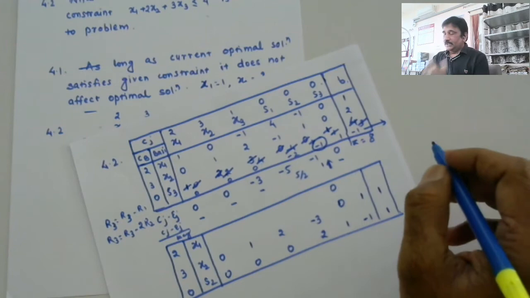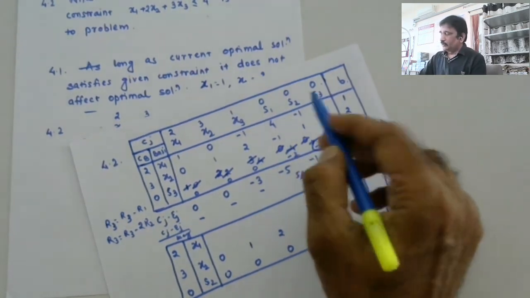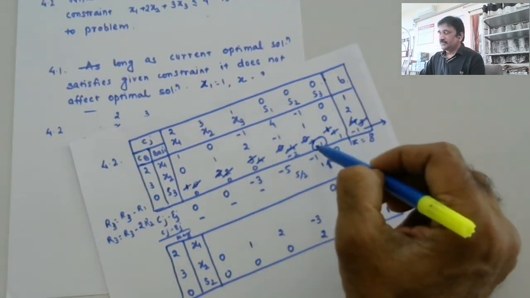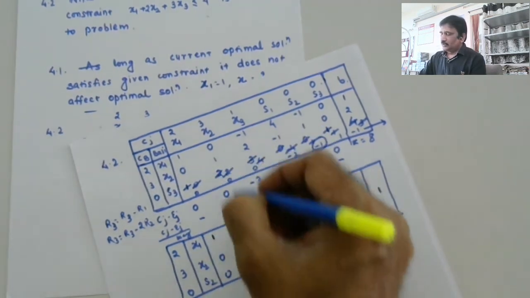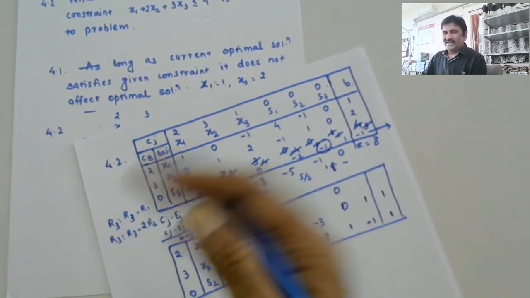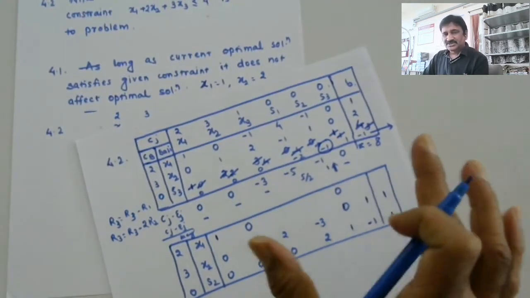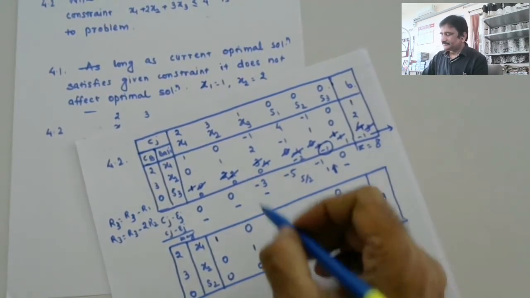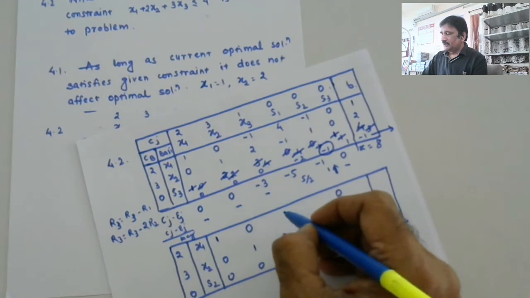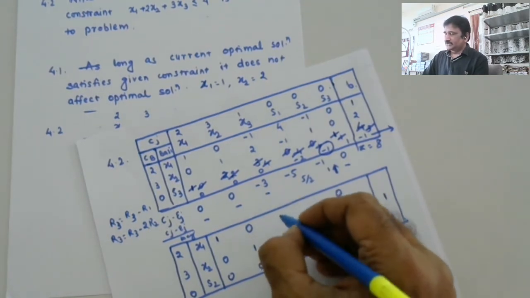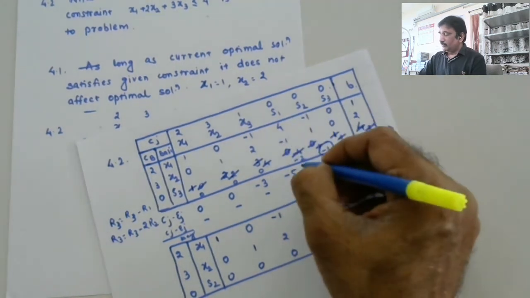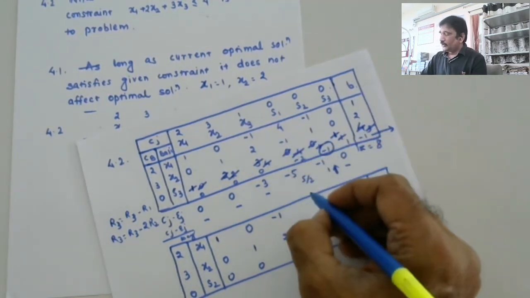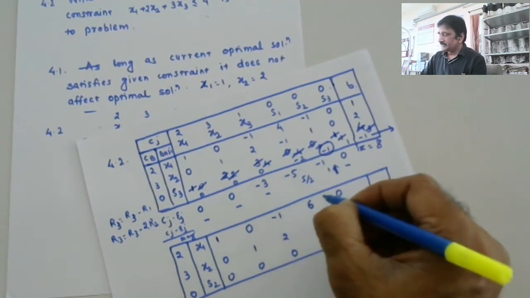And lastly, to get 0 here, your rule will be this minus this. 1 minus 0 is 1, 0 minus 0 is 0. The way I have been doing this is the same. Minus 1 minus 1 minus 0 is minus 1. 4 minus 2 is 6.